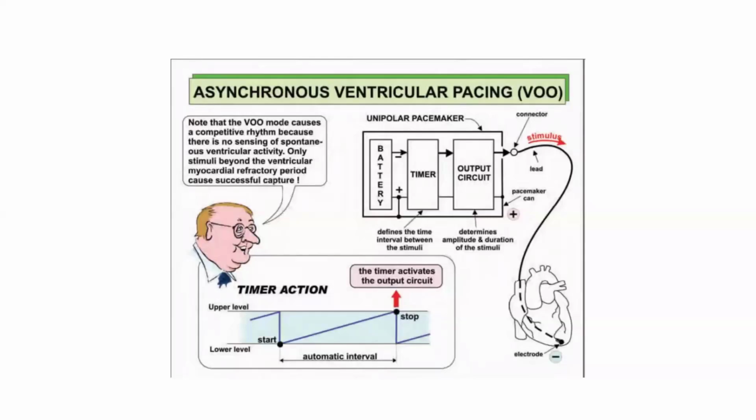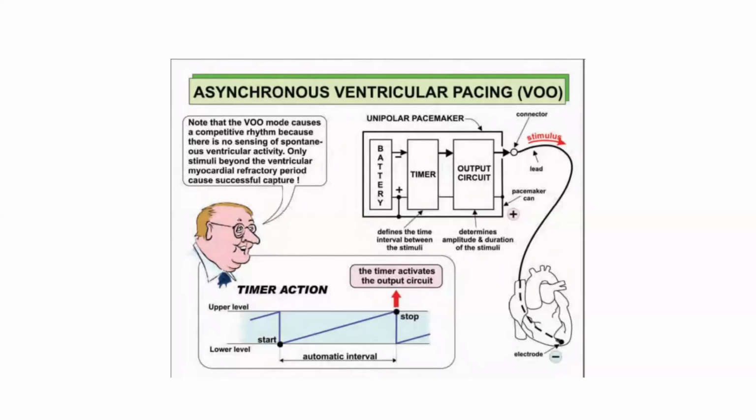This function is to fire an impulse at fixed intervals. So if I program this pacemaker to fire at 60 beats per minute, every 1 second it will give an impulse, regardless of anything happening around the pacemaker. This is the simplest form, and this is a form we will build upon.